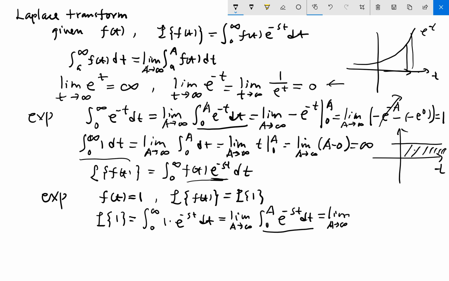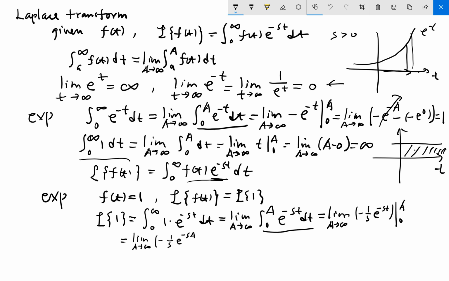To integrate this one, you get the limit as a goes to infinity of negative 1 over s, e to the negative st, evaluated at 0 and a. Replace t by a, which gives you negative 1 over s, e to the negative sa. I want to say that s here is positive. Otherwise, this improper integral will not converge.